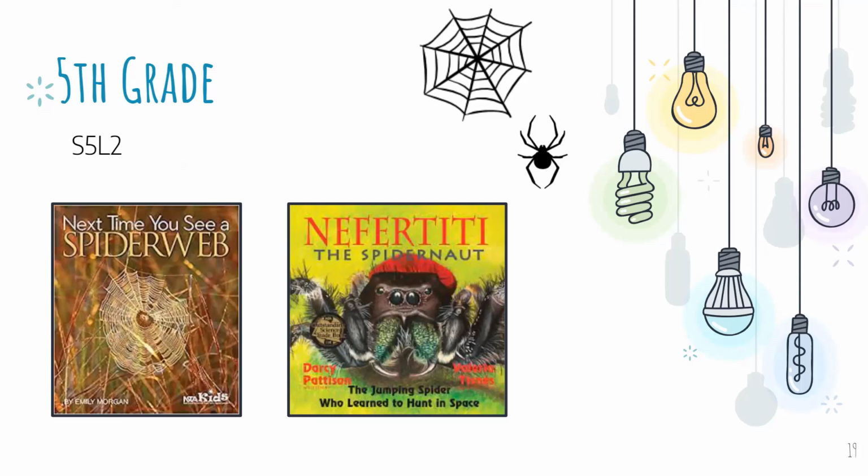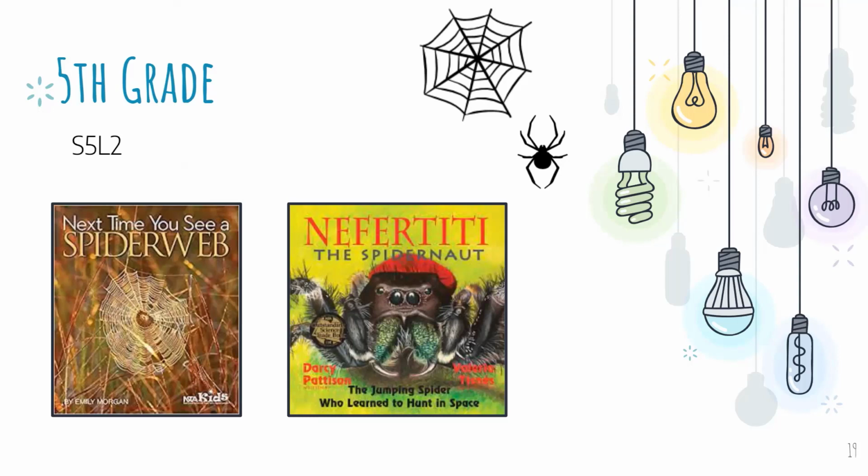And so you could talk about, do they inherit that ability to make a web, or is that something they learn? Another book is on Nefertiti, the spider knot. If you haven't read it, it is based on a true story of a jumping spider named Nefertiti who was sent to space and lived in the International Space Station, and how this spider had to learn how to hunt with little gravity.